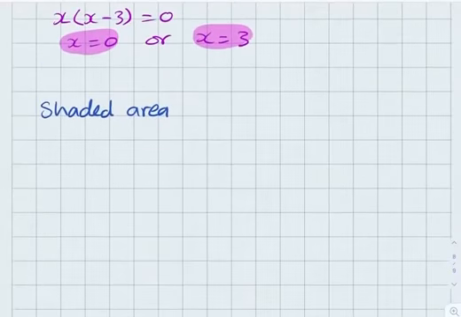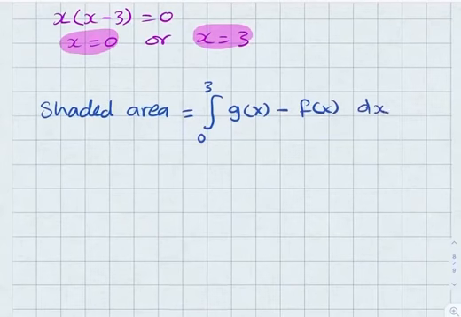The shaded area is equal to the integration from 0 to 3, these are the limits we found, of g of x minus f of x dx.